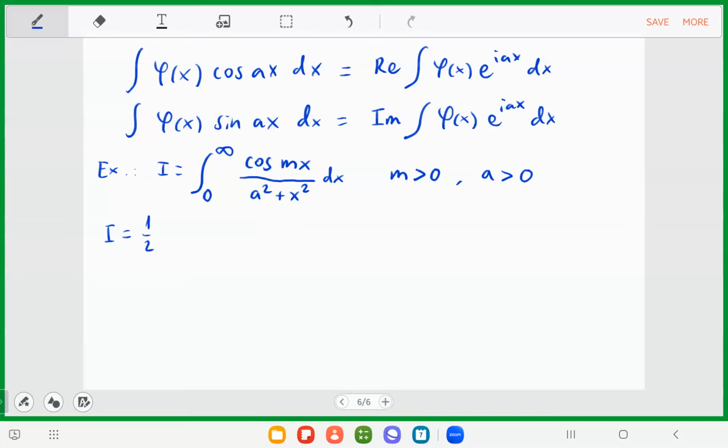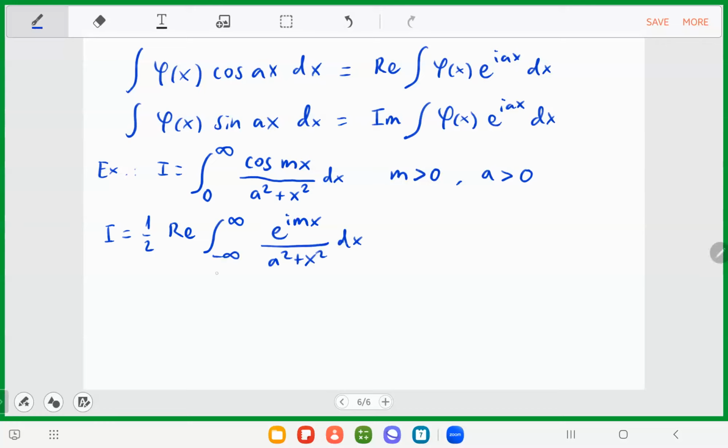But notice that also the integral from minus infinity to infinity of this function is going to be the real part of the integral from minus infinity to infinity of the exponential of i m x divided by a squared plus x squared. Do you agree?